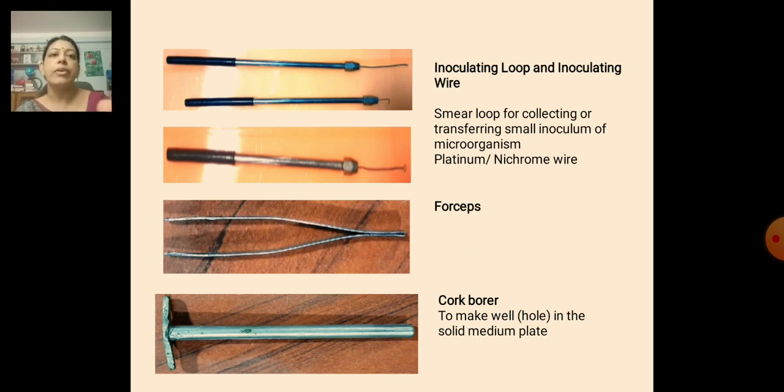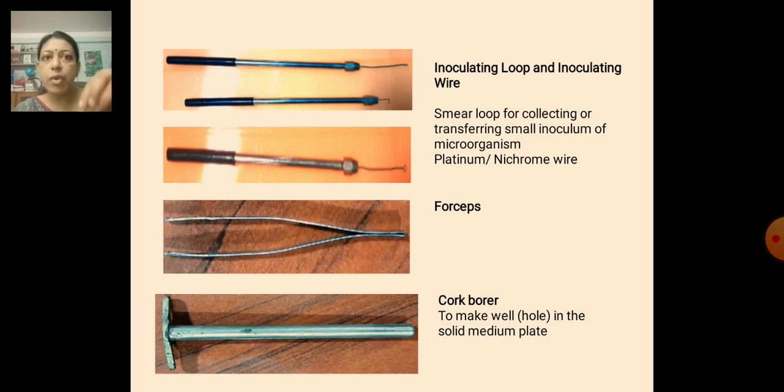The cork borer. What is the function of the cork borer? In microbiology, different assays are done, and one of them is the antibiotic assay. Where do we do this antibiotic assay? We do it on the Petri plate, and we prepare the plate with the help of an agar media, which is a solid medium. There we need to prepare wells.